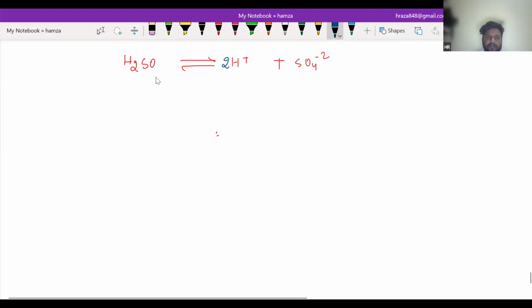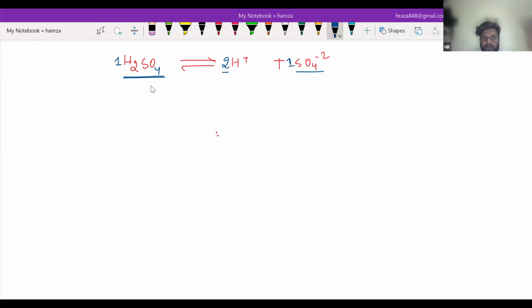Hamza, tell me the stoichiometric coefficient of H2SO4. 1. Tell me the stoichiometric coefficient of H plus. 2. Very good. Stoichiometric coefficient of SO4 2 minus. 1. Very good. Now see.